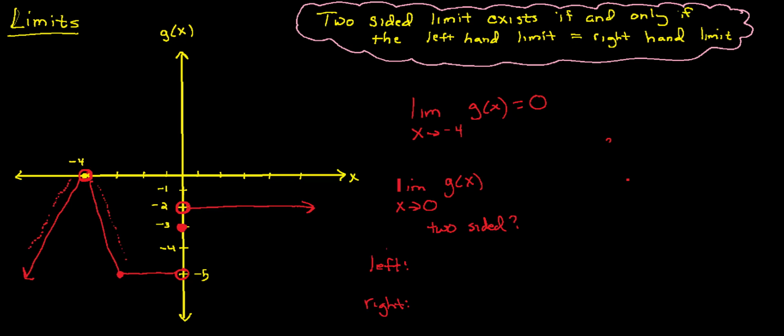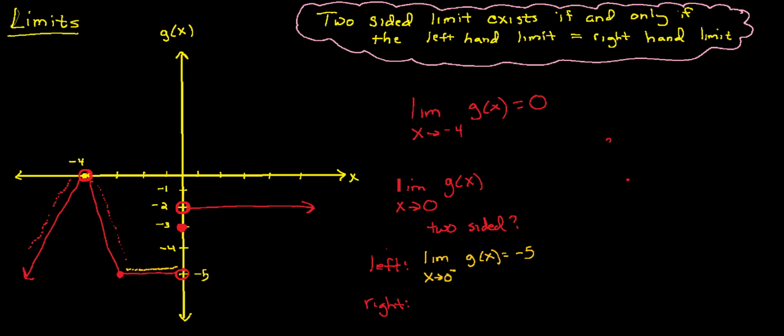All right, so the left-hand limit, we are looking at the limit as x approaches 0, and we're going to come in from the negative side. So there's x equals 0. I'm coming in from the negative side. X is trending towards 0, and the y coordinate is heading towards -5.